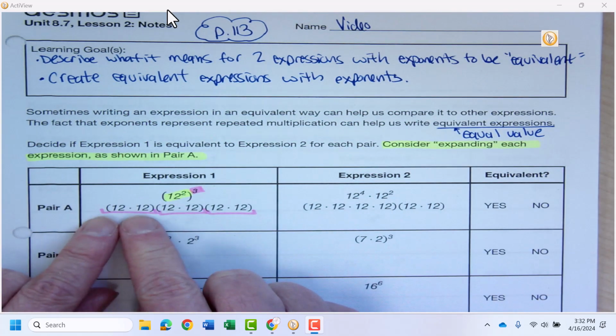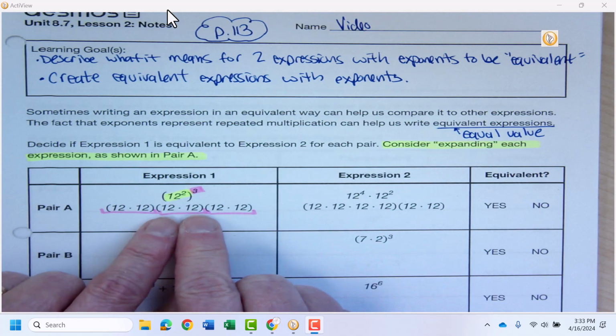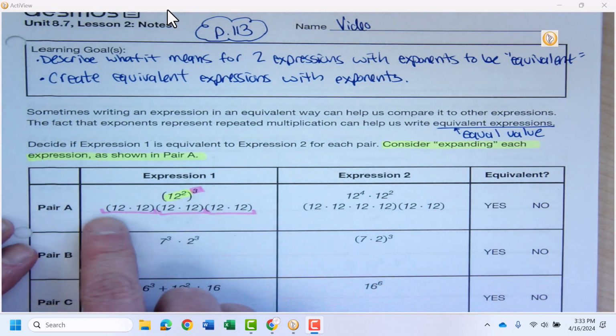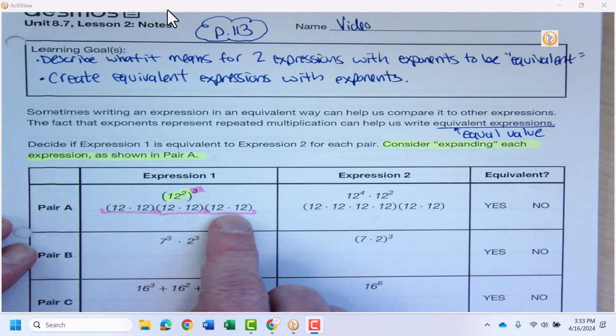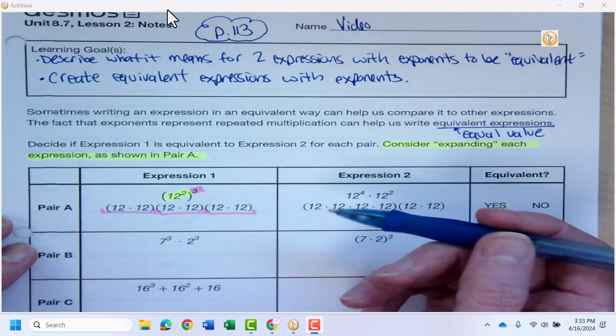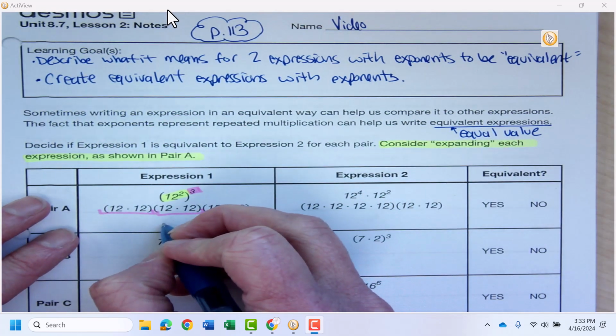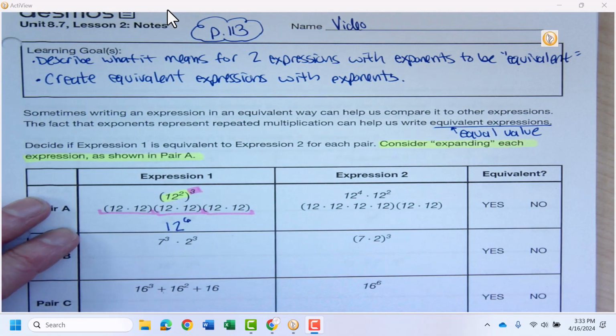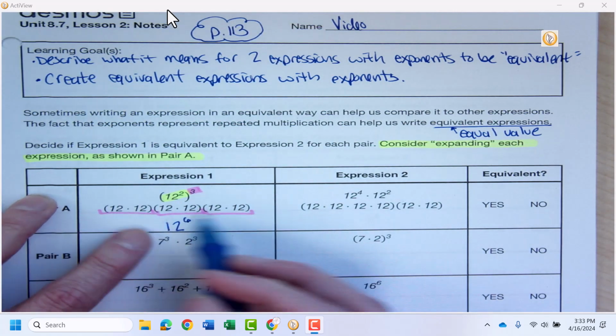That 12 squared is 12 times 12. Here's the second of 3 times. There's 12 times 12 again. And here's the third of 3 times. That's 12 times 12 again. And when we expand it out like this, we can see that 12 appears as a factor 6 times. I'm just going to write 12 to the 6th power here. But expanding it out is really what helps me to see what's going on.